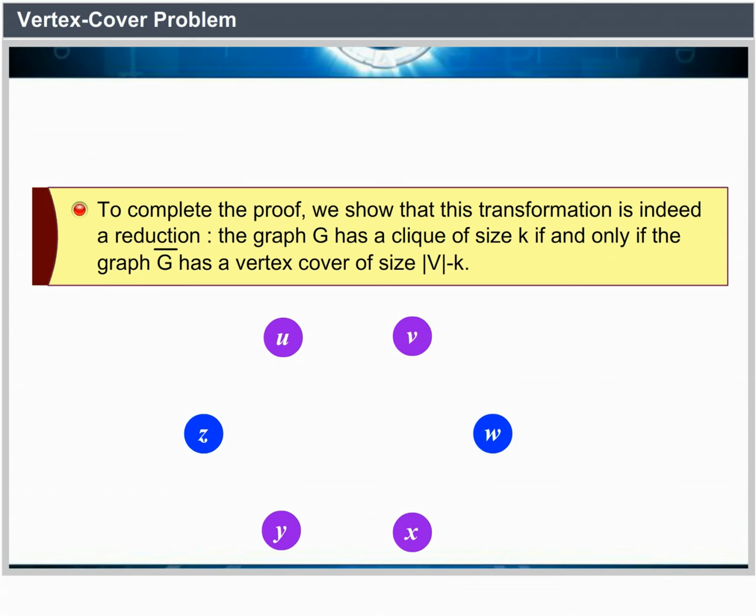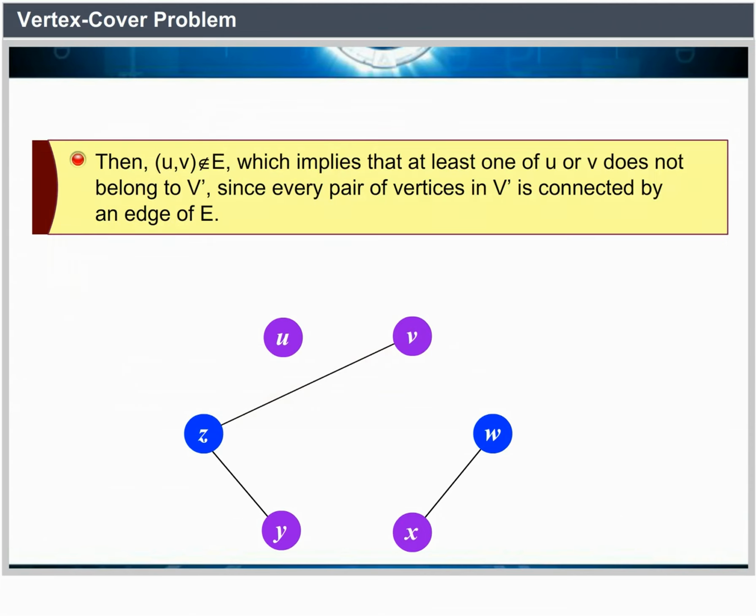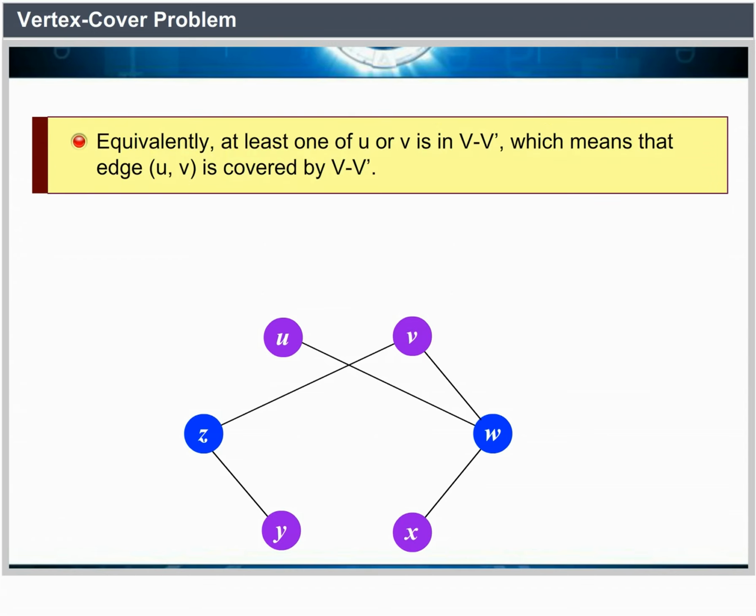Suppose that G has a clique V' is a subset of V with |V'| = K. We claim that V - V' is a vertex cover in G bar. Let (u, v) be any edge in E bar. Then (u, v) does not belong to E, which implies that at least one of u or v does not belong to V', since every pair of vertices in V' is connected by an edge of E. Equivalently, at least one of u or v is in V - V', which means that edge (u, v) is covered by V - V'.